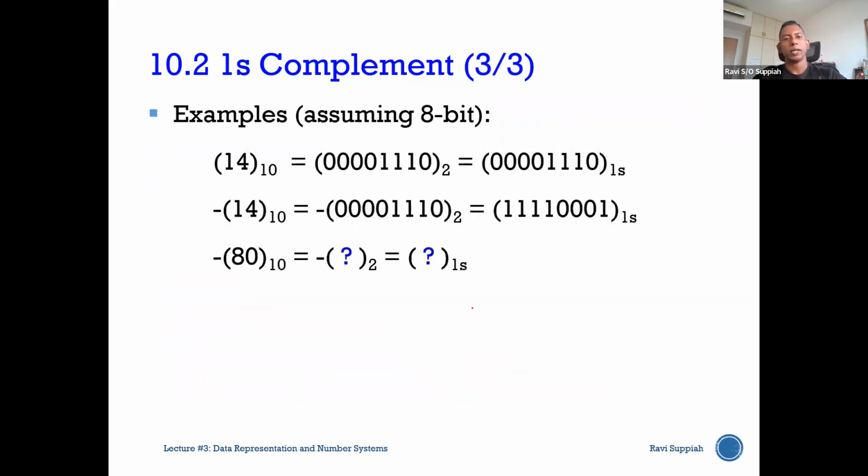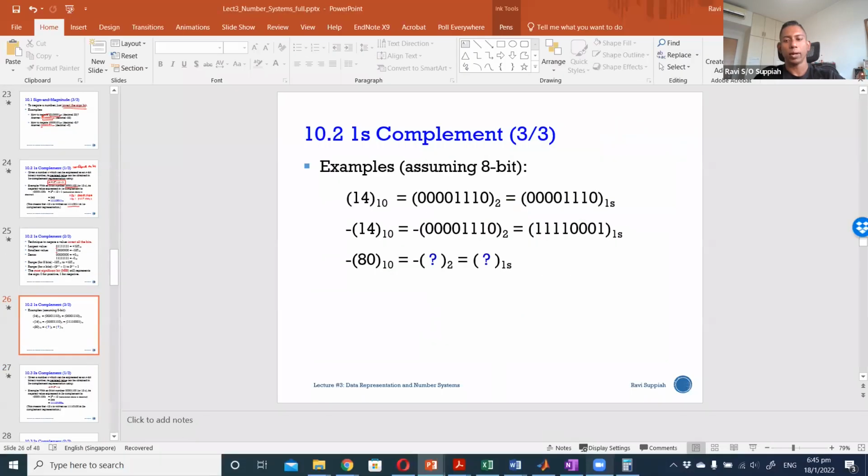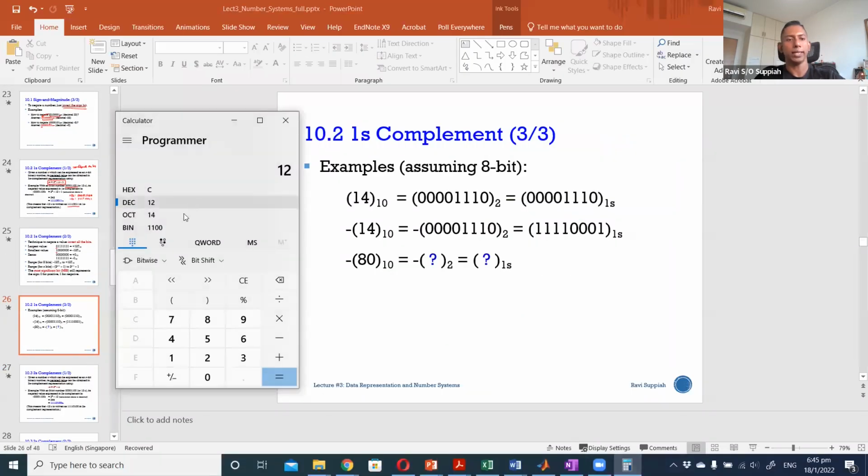All right, so given any number, if I want to take the ones complement, I first need to find out what is the actual representation of it. So if I look at this negative 80, the first thing you want to do is know what is the actual representation of 80.